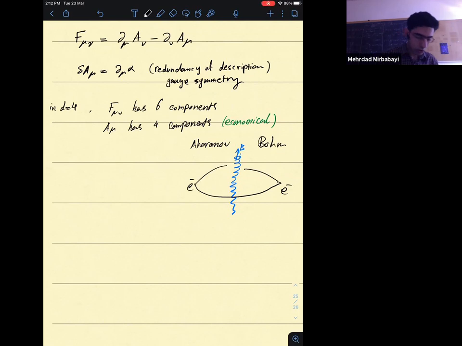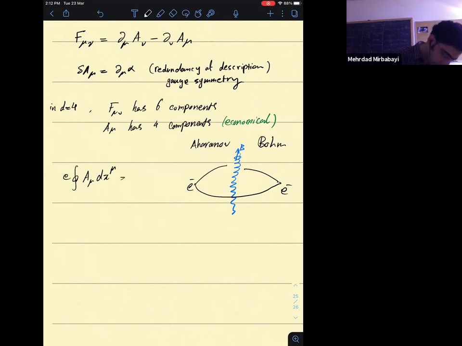So we could describe this Bohm-Aharonov effect, or the phase that we gain by going around the solenoid, in terms of the vector potential, right? So an integral of A_μ dx^μ times the charge of the electron e would give us the phase shift, or phase difference of the two paths.